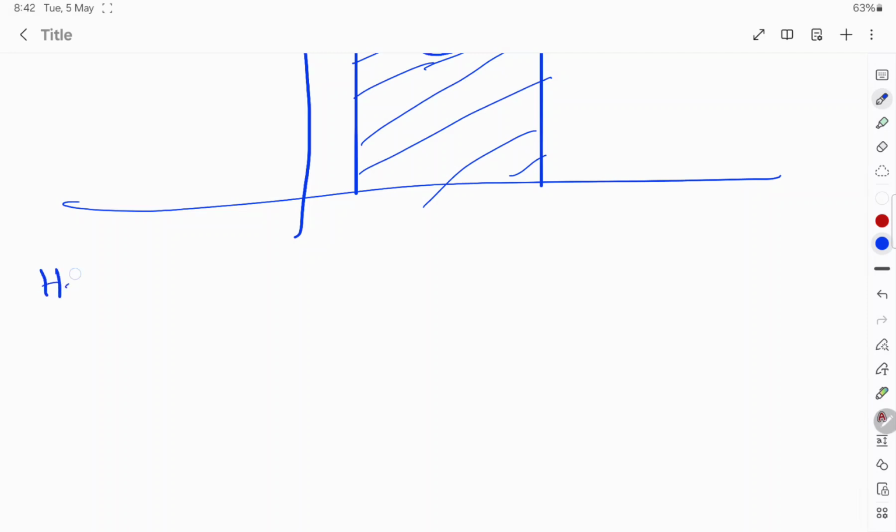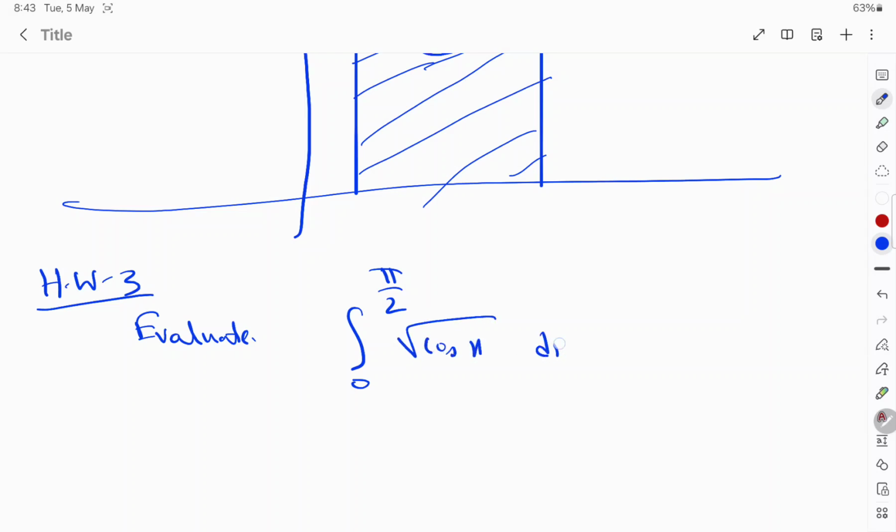Homework 3: evaluate the integral from zero to pi by 2 of root cos x dx by the Simpson 1/3 rule using n equal to 6.